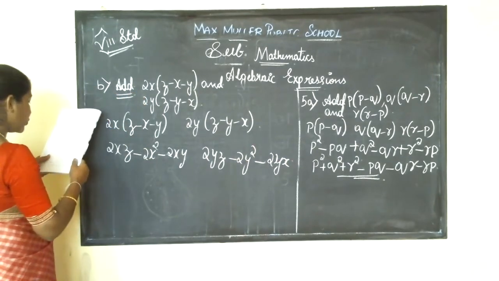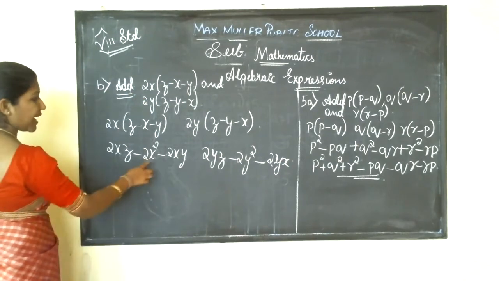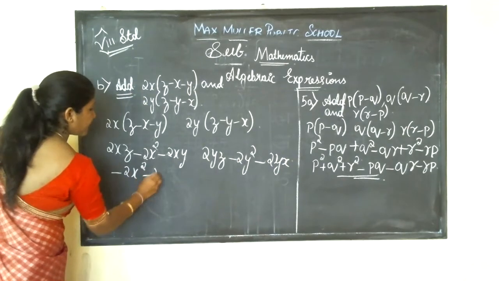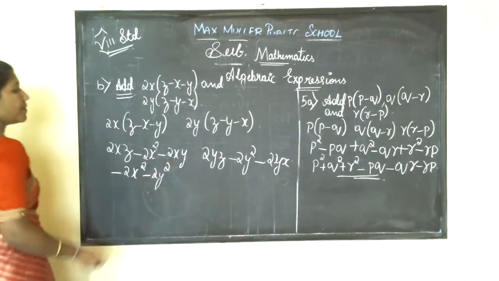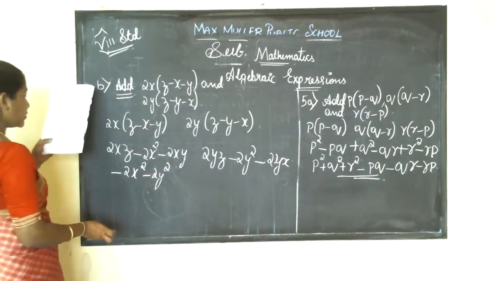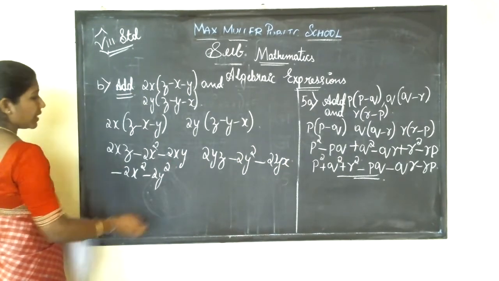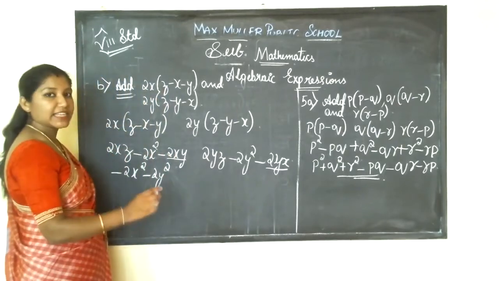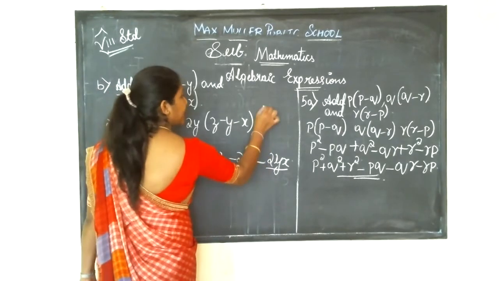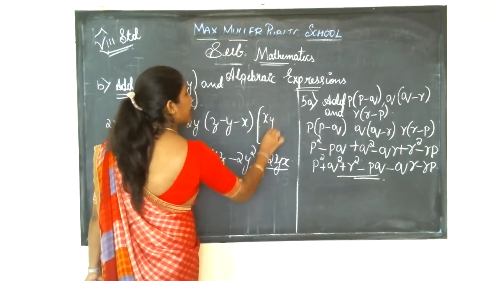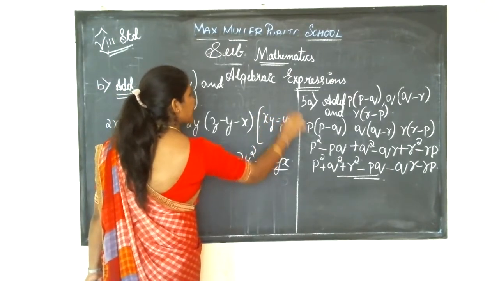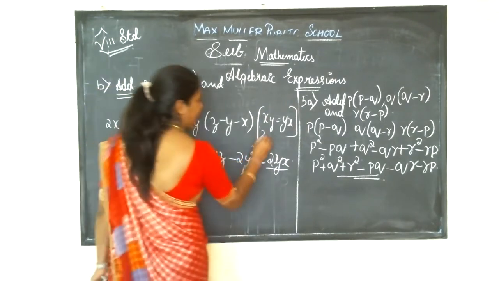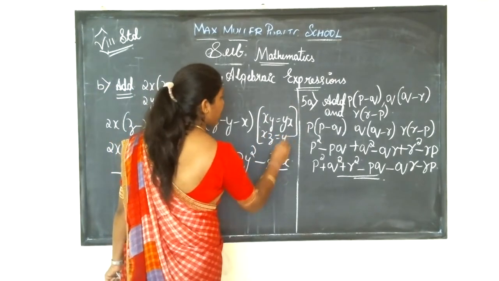Okay, what you have to do here is first write x square terms, minus 2x square minus 2y square. Okay, next minus 2xy and minus 2yx. See here, write it in a bracket that xy is equal to yx.